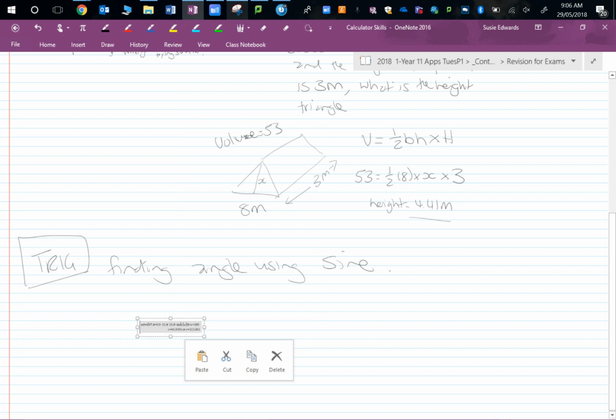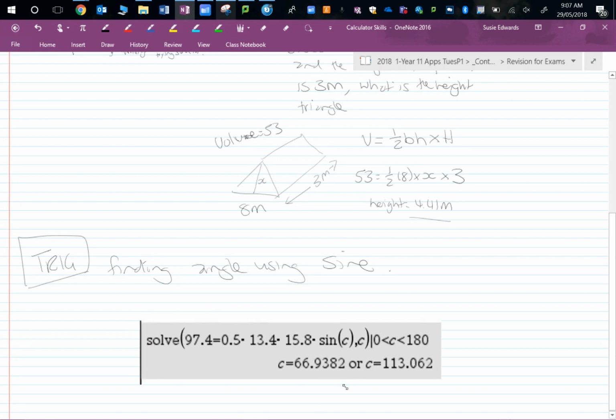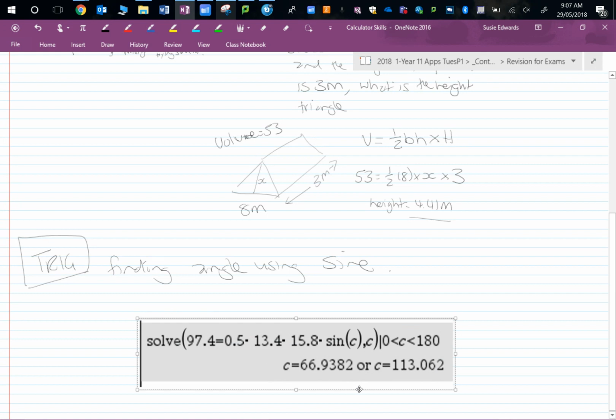Give me a second. You need to remember to put it so that you find an angle, and between, it depends. If you know it's an acute angle, you can go 0 to 90. If you're not sure, just go 0 to 180 and pick the right one. But you need to remember, sorry, I'm just going to make this bigger for you. You need to remember to put in this part here.